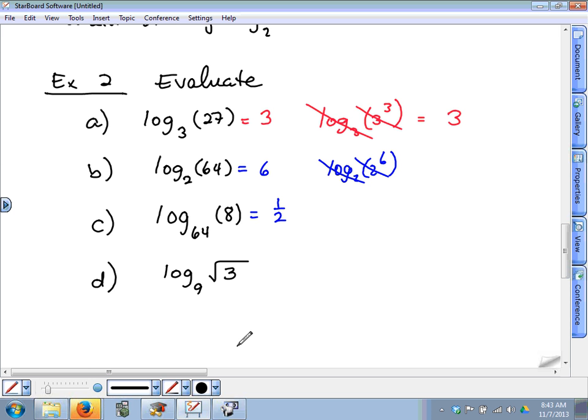Holy moly. Anybody got it? Wait, give me 2 seconds. Log base 9 of the square root of 3. Not too hard. We're just going to give up, right? No, don't do it. I got it. No, you guys aren't like that. Yeah. I have it. It's right here.